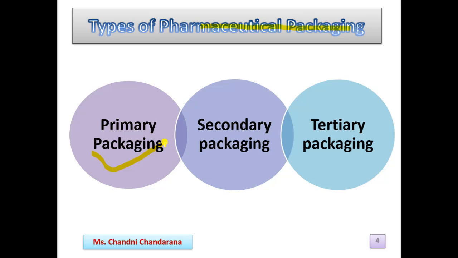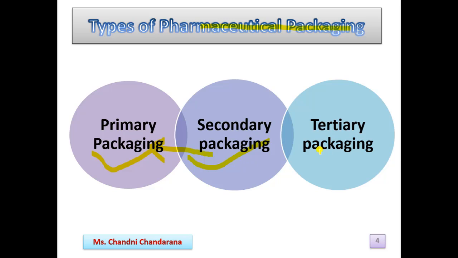Now what is secondary packaging? Secondary packaging means the package which stores the pharmaceutical packages in it for their grouping. For example, the cartons and boxes are secondary packaging material, which are indirectly in contact with the primary packaging.